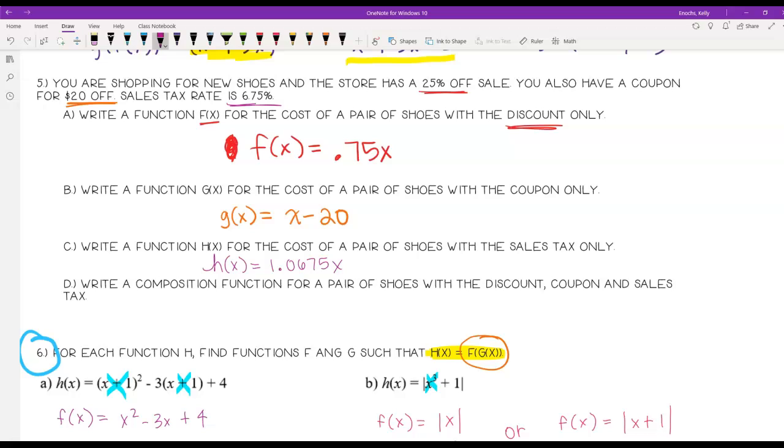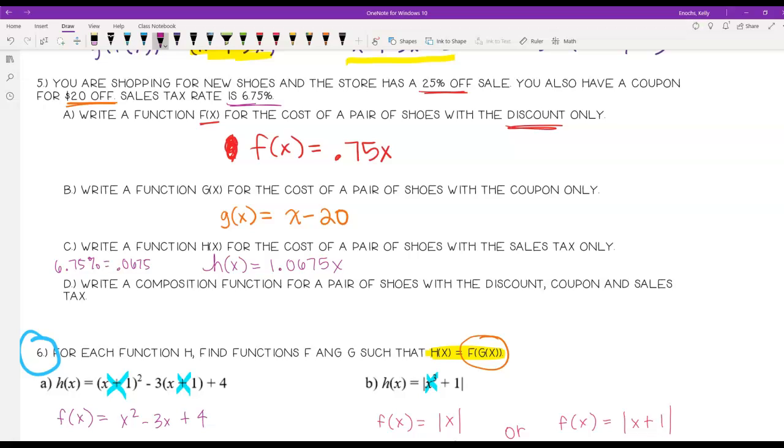Remember, when you're doing percentages, you're going to move it 2 decimal places to the left, so this 6.75% is really 0.0675 as a decimal. And then I add the 1 on there because not only do I have to pay for the shoes, then I'm going to pay an additional amount. So 1 covers the cost of the shoes, and the 0.0675 covers the sales tax amount.